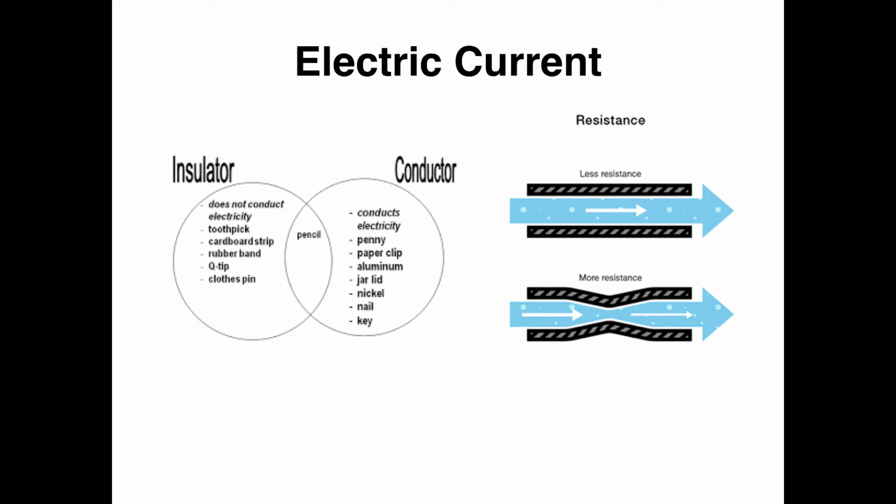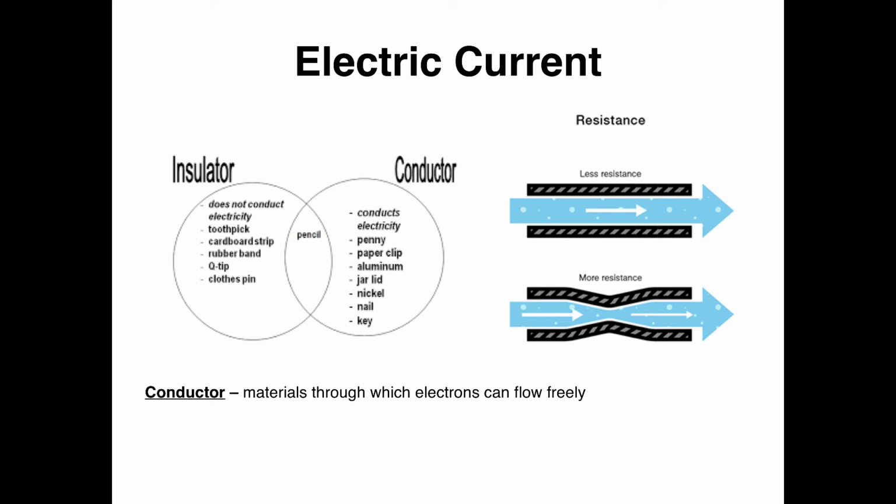Similarly, if you have a wire that has more resistance to it, it causes an impedance of flow of electrons. Whereas if you have a good conductor, like copper, you have less resistance. And you may have heard of the concept of a superconductor. A superconductor is a material that has virtually no resistance to flow. And that would be something very valuable if we could develop one that didn't require super cold temperatures.